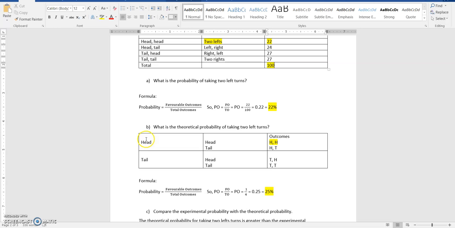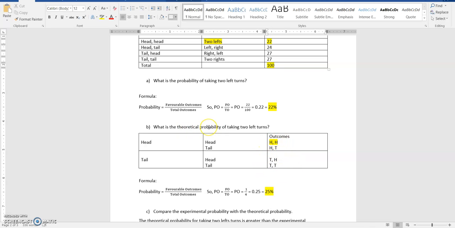But the camper could flip a head, then a head, and the outcome would be head, head. They could flip a head, then a tail, and it would be head, tail. They could flip a tail and a head, so the outcomes would be tail, heads. Or they could flip a tail and a tail, and the outcome would be tail, tail. So you can see that there are 4 outcomes here.